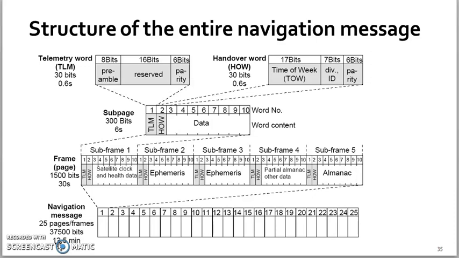Then subframe 5 contains almanac data on the satellites, because 24 satellites are there, so information from satellites 1 to 24. A satellite can transmit data from one satellite only, and all 25 pages are transmitted together with information on the health of all satellites 1 to 24.